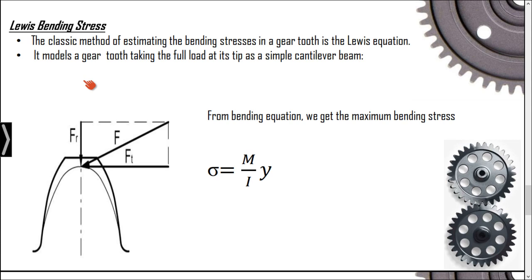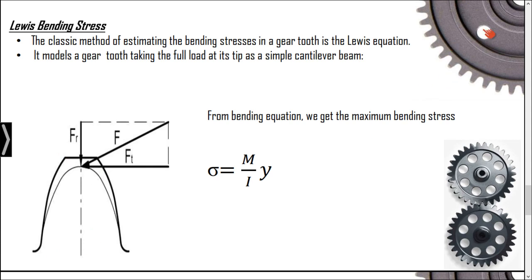Now, before we design a gear, we should understand how the analysis is done, or what the forces acting on a gear system are. For that, we will be using the Lewis bending stress. Now, Lewis bending stress: the tooth of the gear is considered as a cantilever.